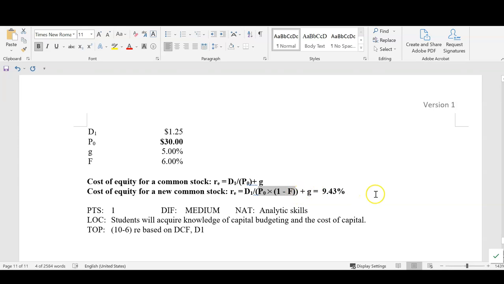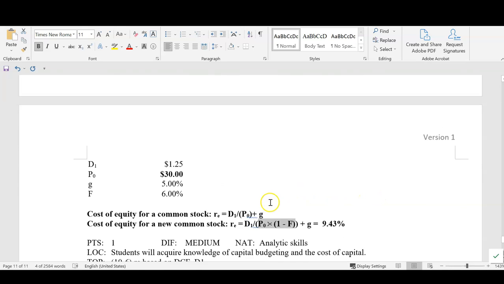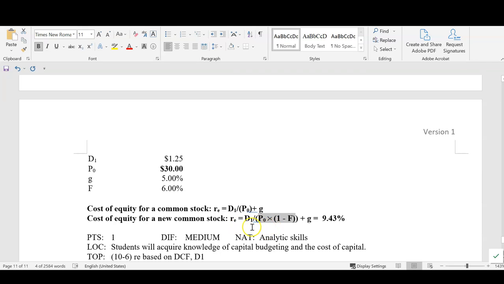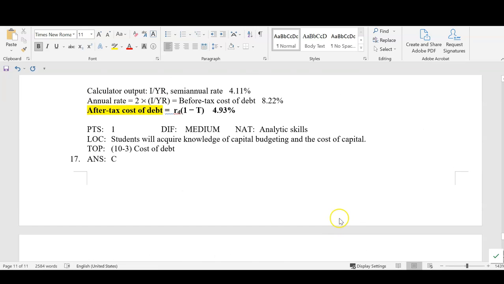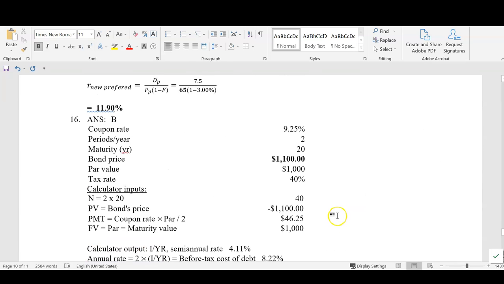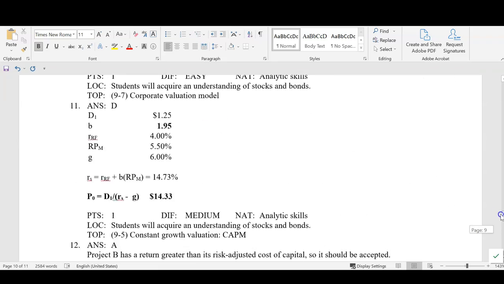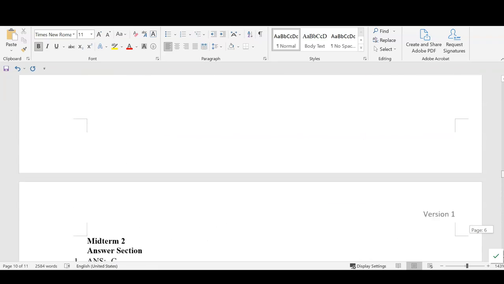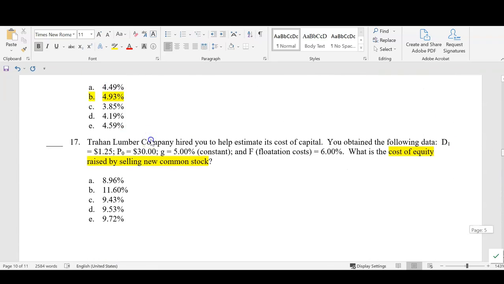Because all these variables, D1, P0, g, and F, are given, we plug the numbers into this formula, and we get the cost of equity for new common stock, which is 9.43%. So the right answer should be C here.